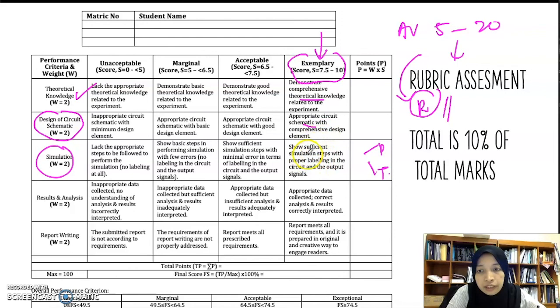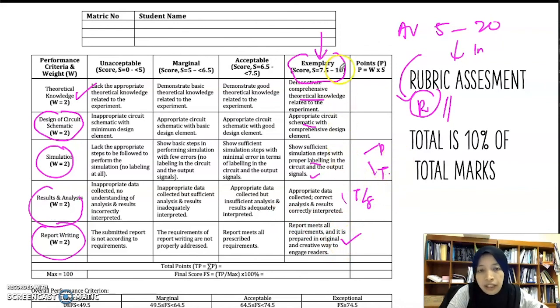Either you draw it, and then you simulate and show all the labeling correctly in Tinkercad and also in PSpice. Then number 4 is about how you discuss the results, whether you present them in terms of table or graph, and then you explain in detail how the graph looks, whether it is in phase or out of phase. This is a summing amplifier, and then the structure of your report, where it meets the grammatical standard and so on.